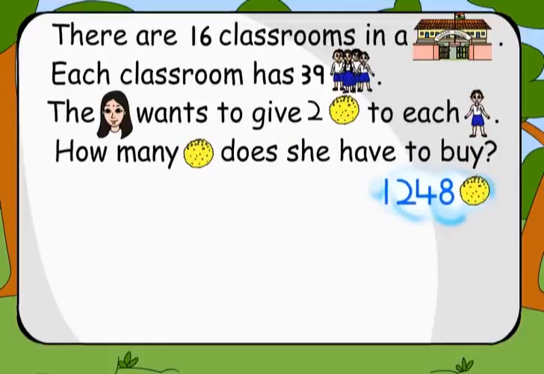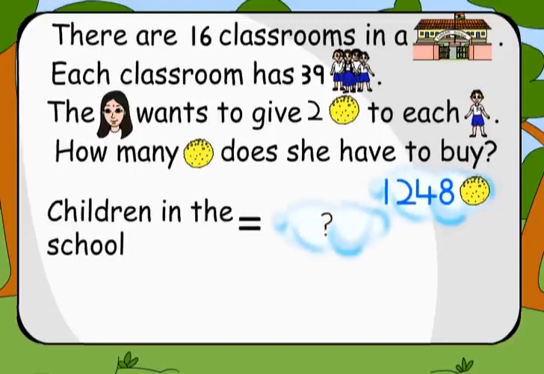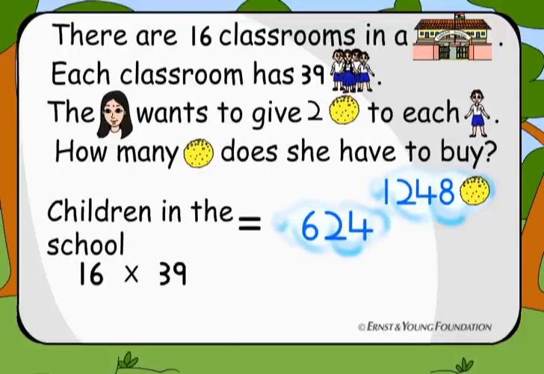First, the children in the school: 16 into 39 is equal to 624 children.